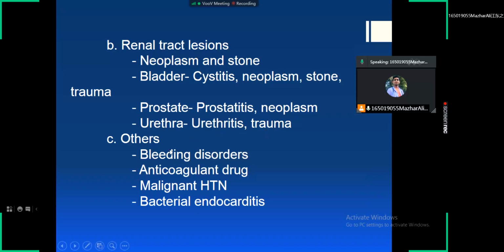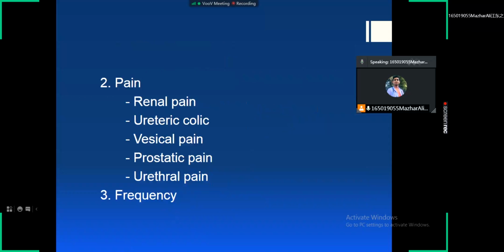And others like bleeding disorders such as hemophilia, anticoagulant drugs, and malignant hypertension. When there is a blockage or stenosis in the renal artery, we call this malignant hypertension. And then there is bacterial endocarditis. It's not related to the kidney directly, but bacteria which infect the endocardium can also infect the kidney, so this can also lead to hematuria.